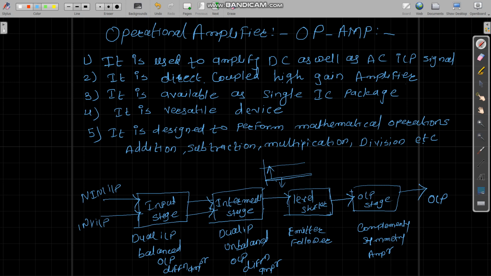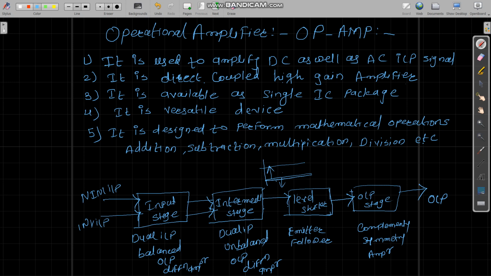And if we are designing a good op amp, then it is always possible to get a very low output resistance from the circuit. So this is a brief about the block diagram of the operational amplifier.